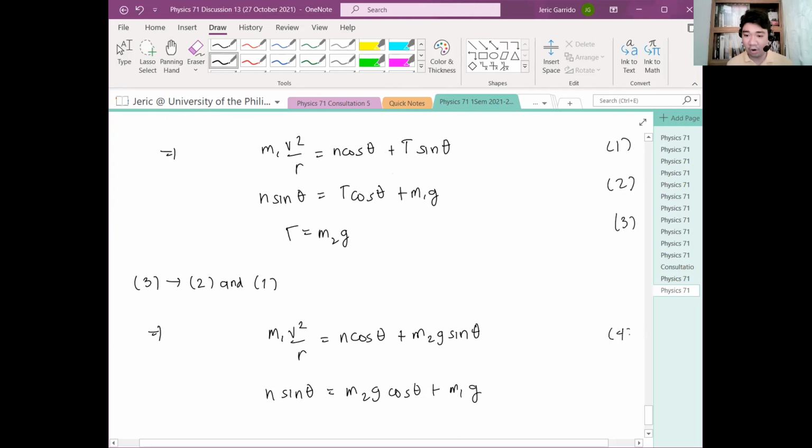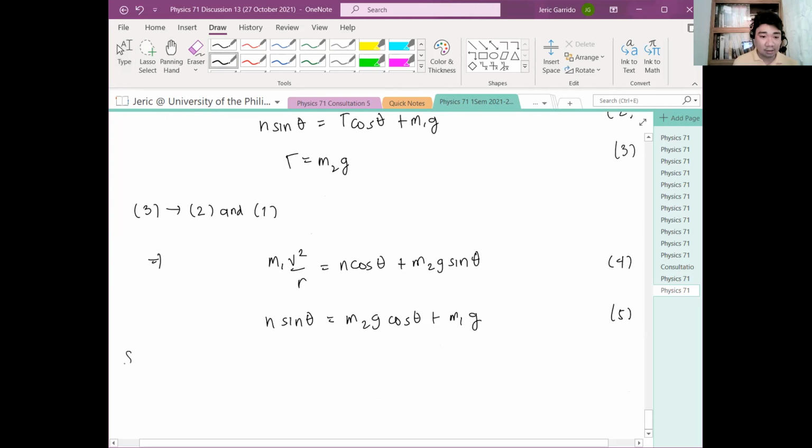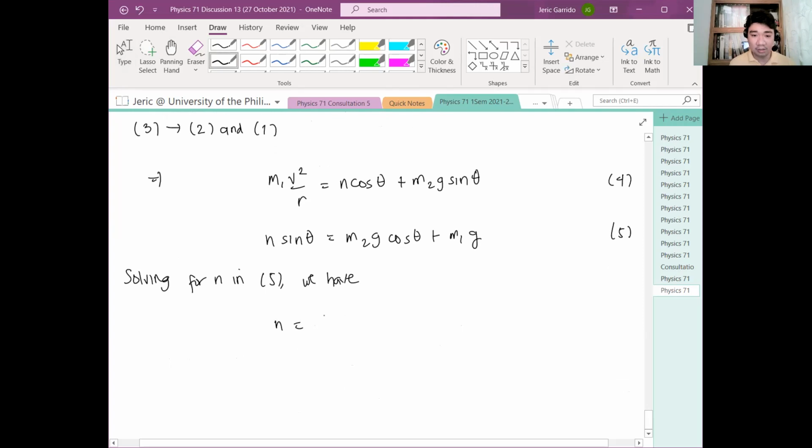Let's say this is equation 4 and this is equation 5. From that, solving for n in equation 5, n is just equal to m2g cosine theta plus m1g, multiplied by 1 over sine theta. This is equation 6. I now have an expression for the normal force.